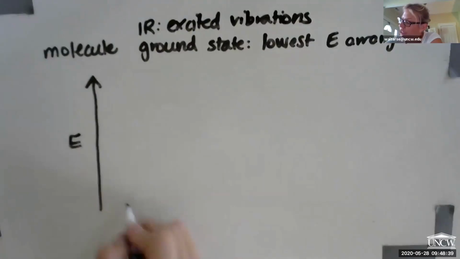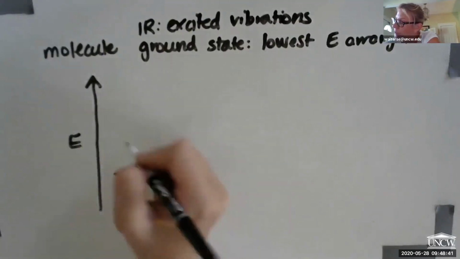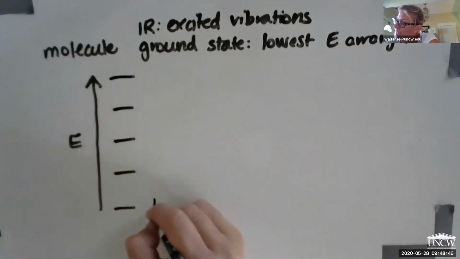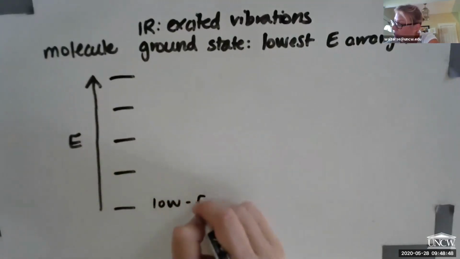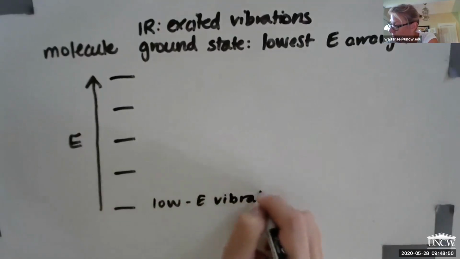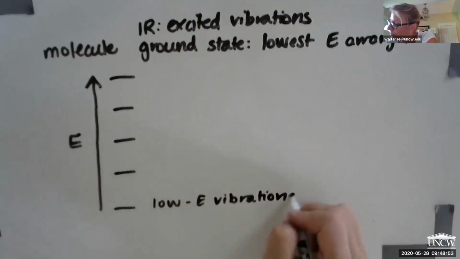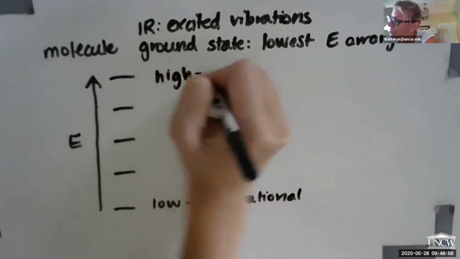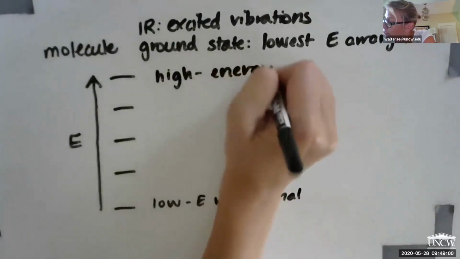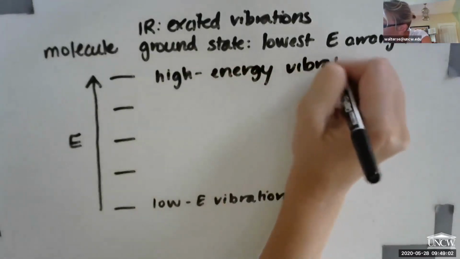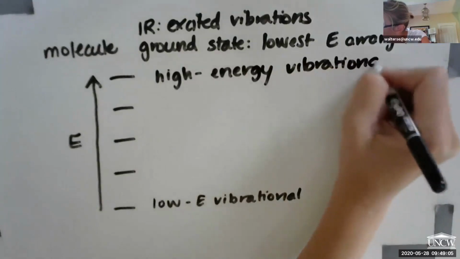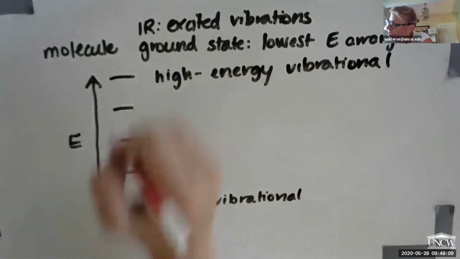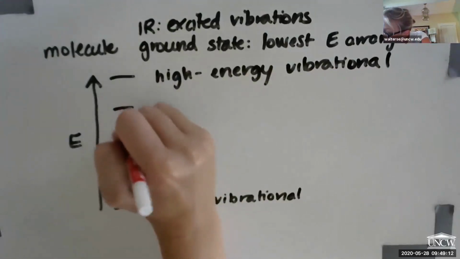So now on our energy level diagram, when we draw these lines, we're going to say that this is a low energy vibrational state, and these are high energy vibrational states. What's important is the difference here.